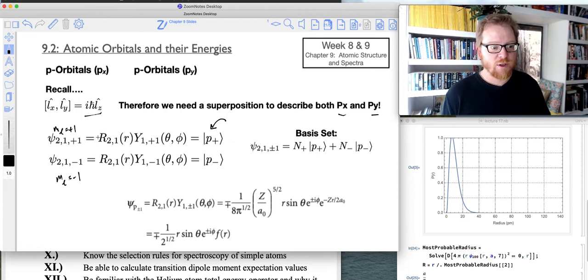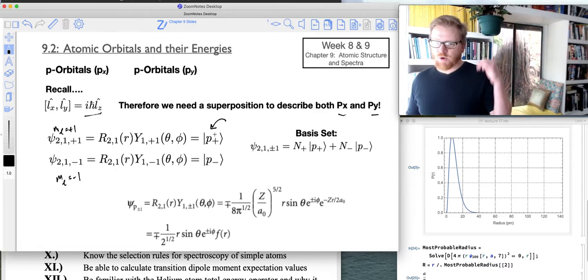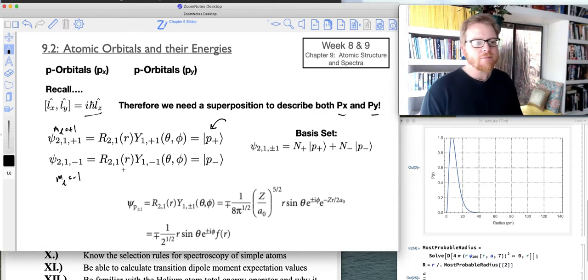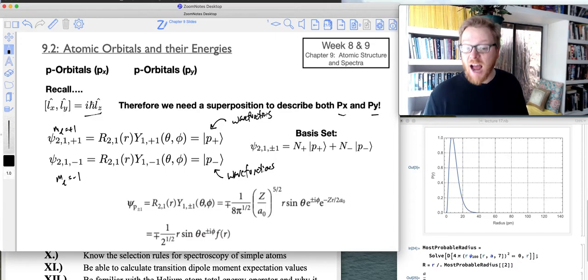We're literally going to call all this stuff, R21, Y1 plus 1, just P plus. Great, it's a wave function, okay? And when we have the psi 2, 1, minus 1, that's going to be the R21, Y1 minus 1, and that's going to make the P minus wave function. Okay, so each of these are their own wave functions that are subject to Heisenberg.